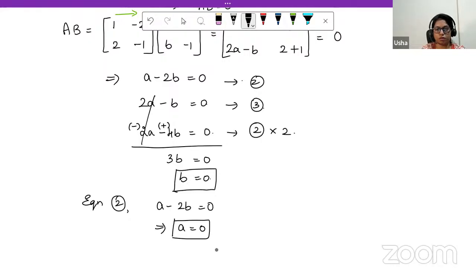Same question again. We have inverse also. We'll discuss that.